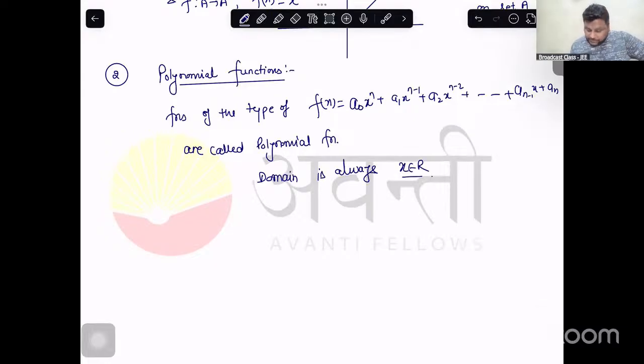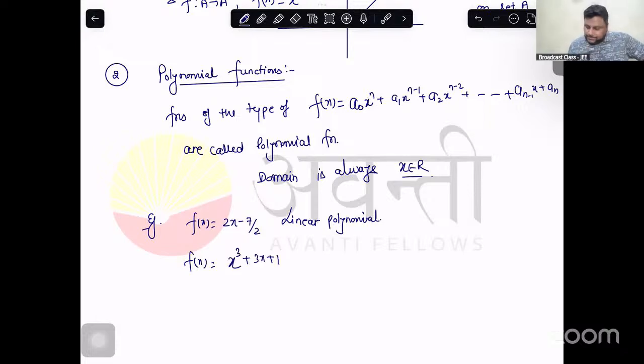Now see, as an example, f(x) equals 2x minus 7 by 2. This is what we call a linear polynomial. f(x) equals x cube plus 3x plus 1. This is what we call a cubic polynomial. f(x) equals 3x to the power 5 plus 7x square plus 11x plus 2.